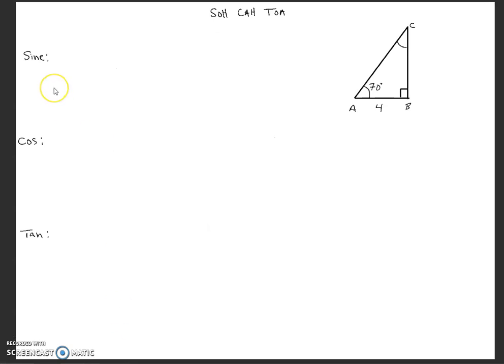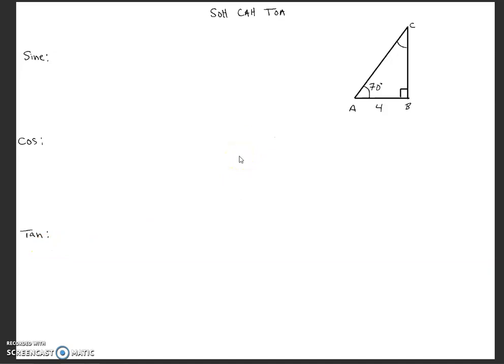So, if we just finish this off one more time, we have 70 degrees and 4. Now the thing about this exercise that I do have to remind everybody of is sine, cos, and tan have to be used.